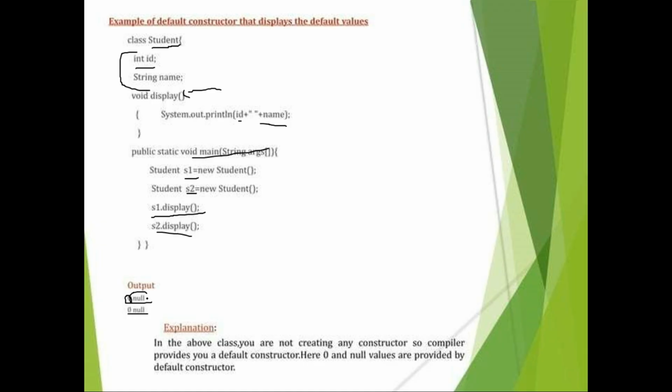So the default constructor is created automatically, and it assigns values like 0 and null. If it is a string, it is assigned null. If it is an integer, it is assigned 0. A default constructor is created automatically when the object is created, and then the values are assigned like that.